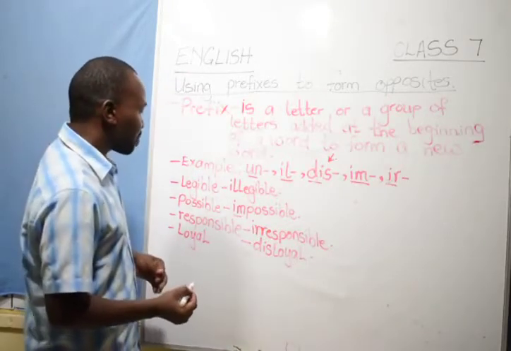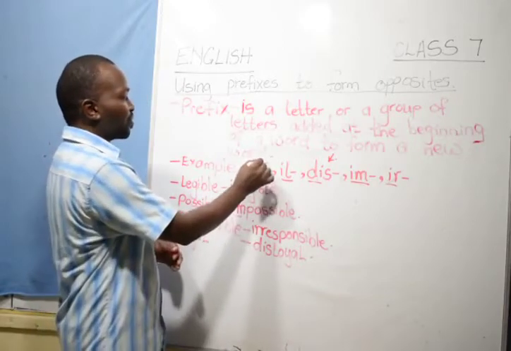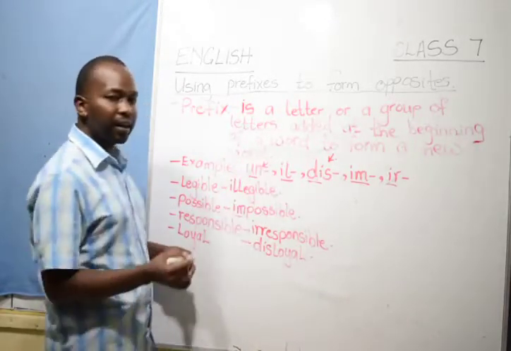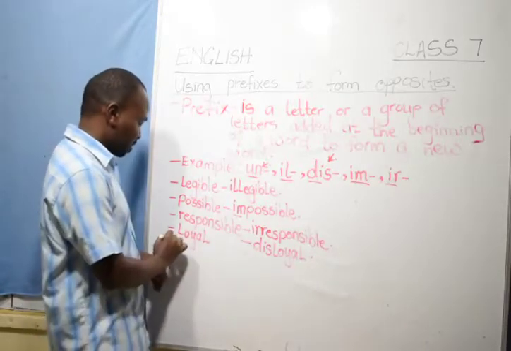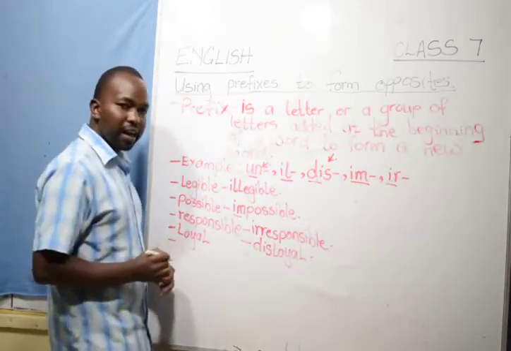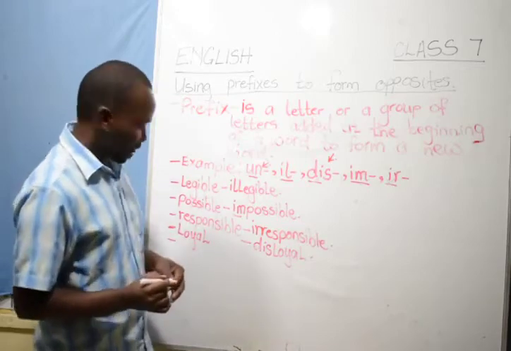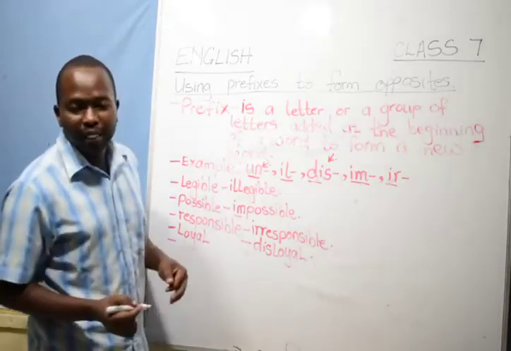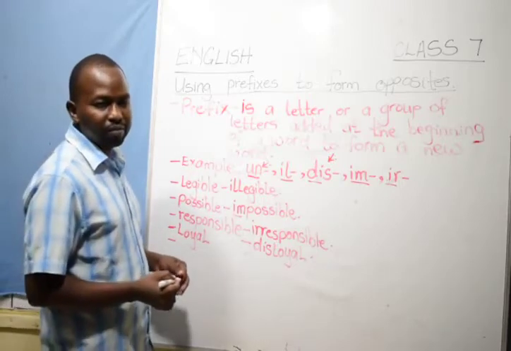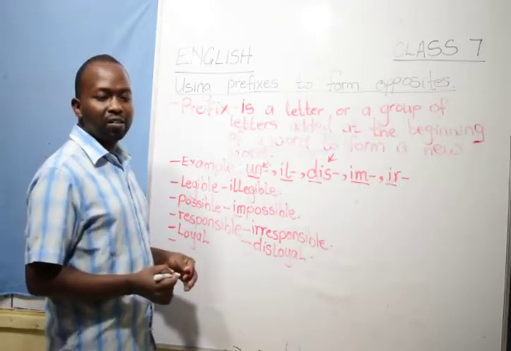Let's look at another prefix we have not used. The prefix un. Somebody try and give us a word that we can use the prefix un to form the opposite. Very good.